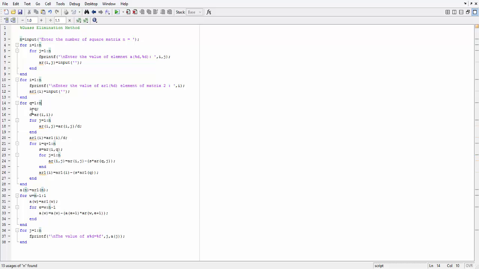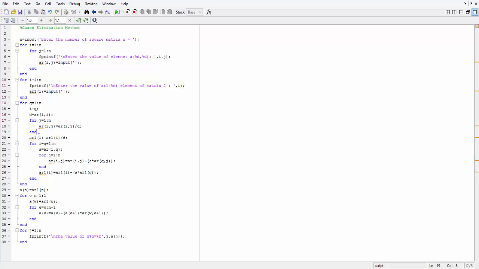We take D equal to A(i, i), the value of the diagonal elements: 1,1, 2,2, 3,3. We divide all the elements of the row by the diagonal element, as you can see here, A(i, j) is being divided by D. So this ensures that the diagonal elements become 1.